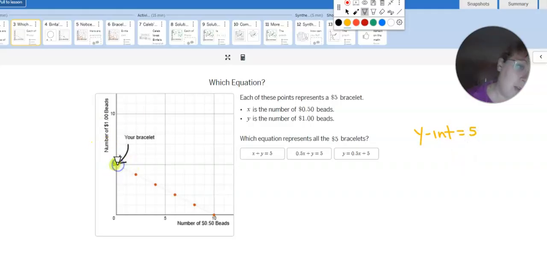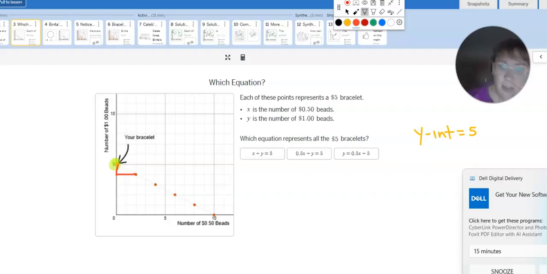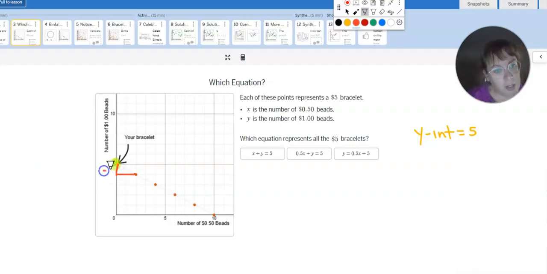Which tells us one bracelet that you can make has 5 basketball beads and 0 of the black beads. And then if we look at the slope, as it goes down 1, it shifts over 2. So we're going down 1 over 2 to get to each next option.